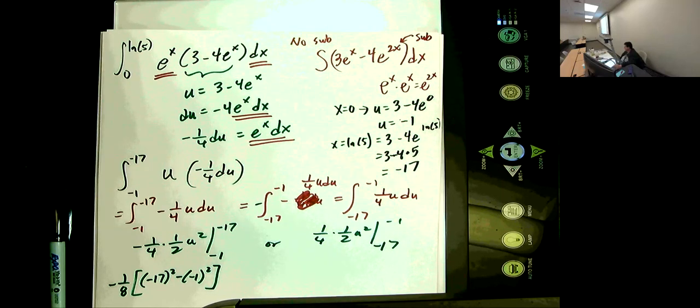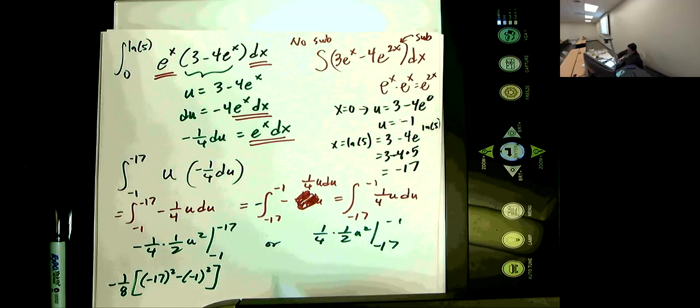Is 17 squared 289? It might be. It is 289.